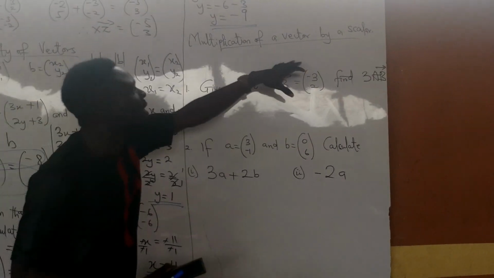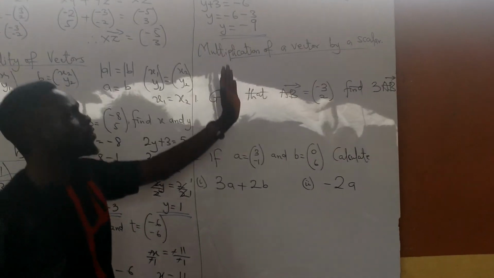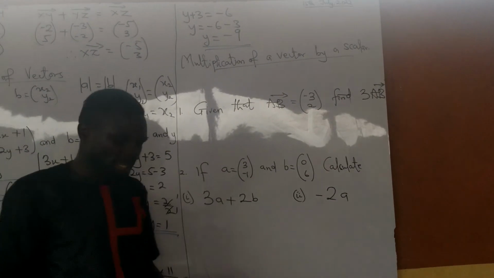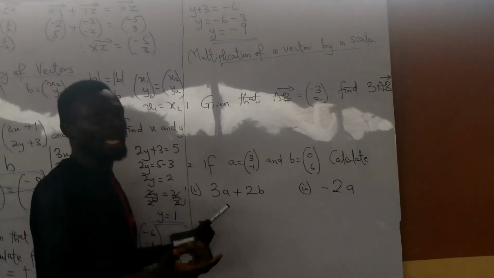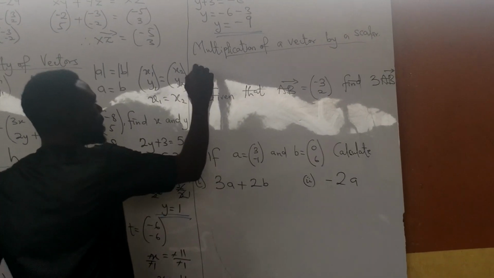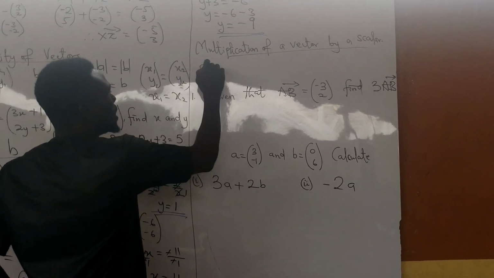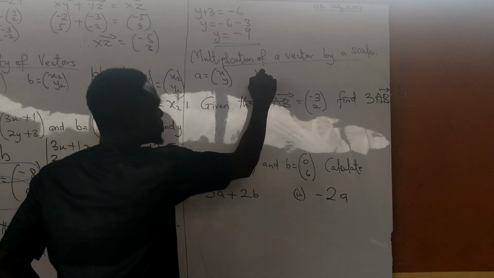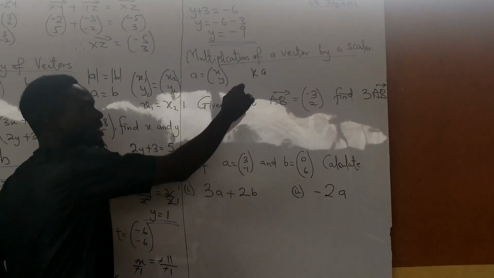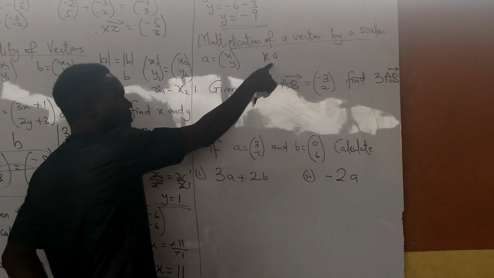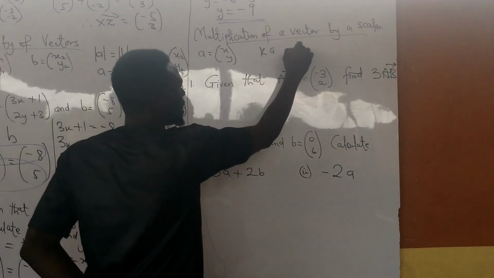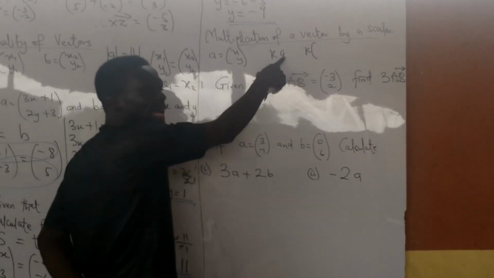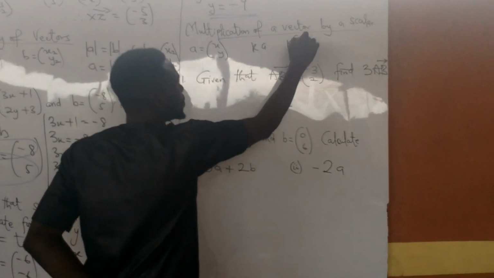Then with the last one, we have multiplication of a vector by a scalar. The scalar is represented as k. And let's say you have the vector a, and a is x, y, and you have to multiply the vector a by k. So we have k as our scalar, then the vector a is x and y.